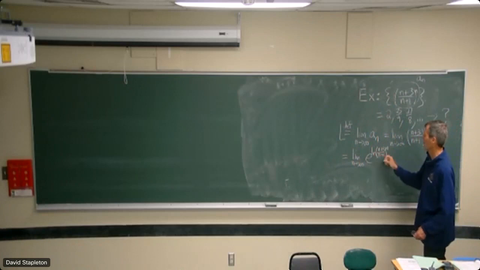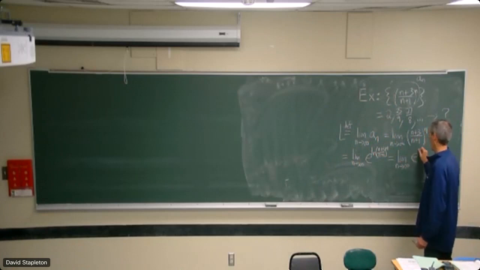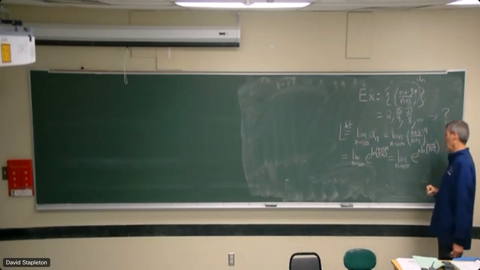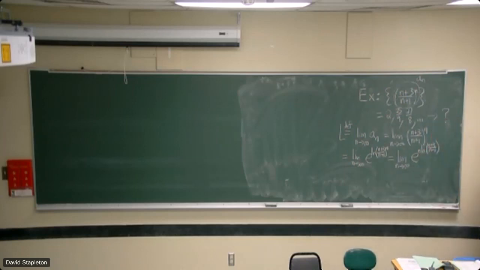But now you can pull the exponent down. This is the limit as n goes to infinity of e to the n times natural log of n plus 3 over n plus 1.